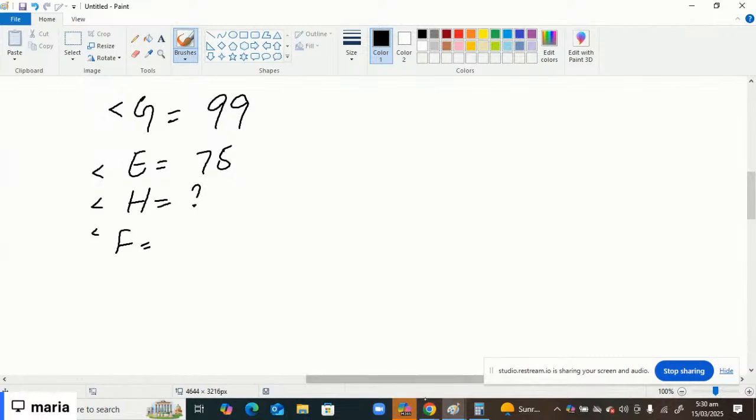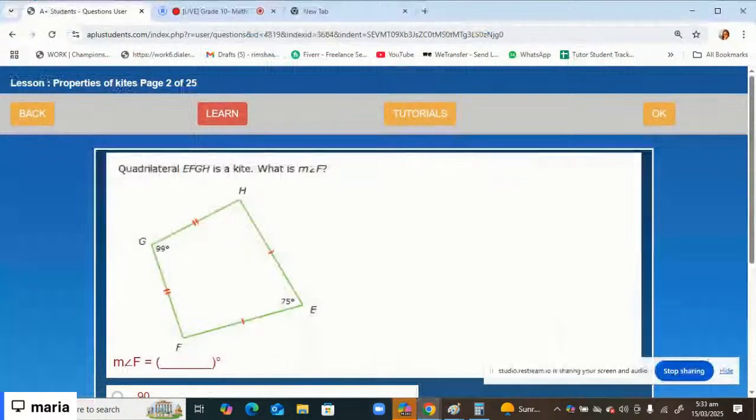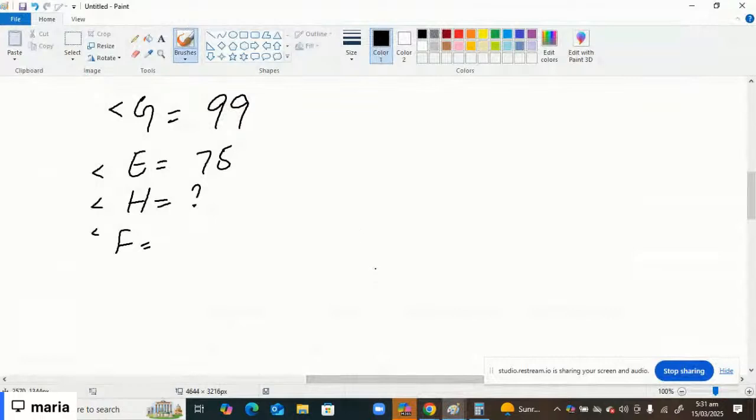Now we just add them and it equals 360. Angle G plus angle E plus angle H plus angle F is equal to 360.